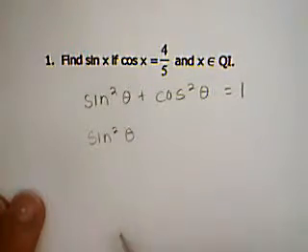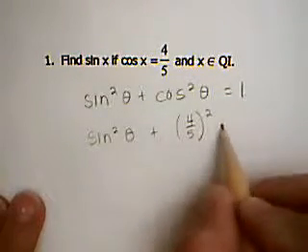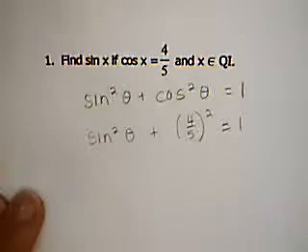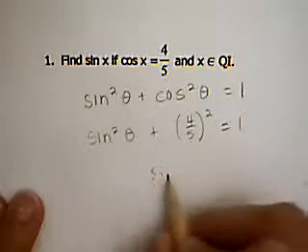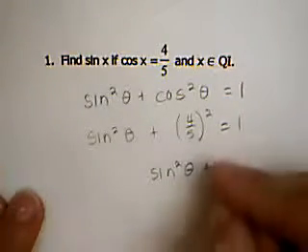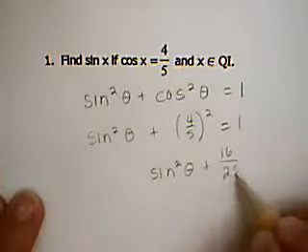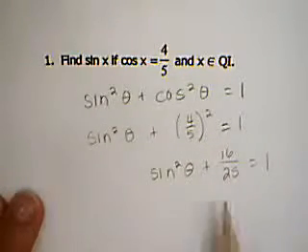So sine squared of theta plus 4/5 squared is equal to 1. From here out, it's just algebra. I would have sine squared of theta plus, if I square 4/5, that gives me 16 over 25, is equal to 1.